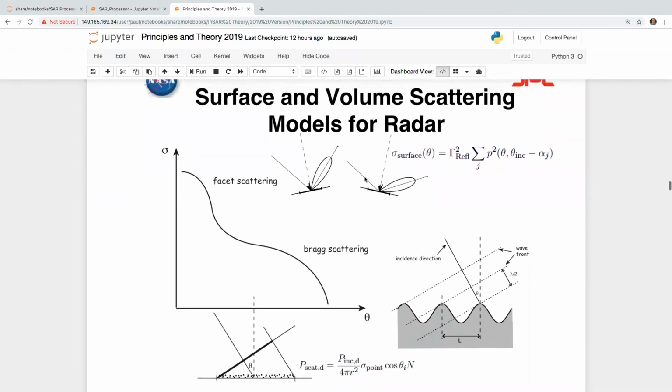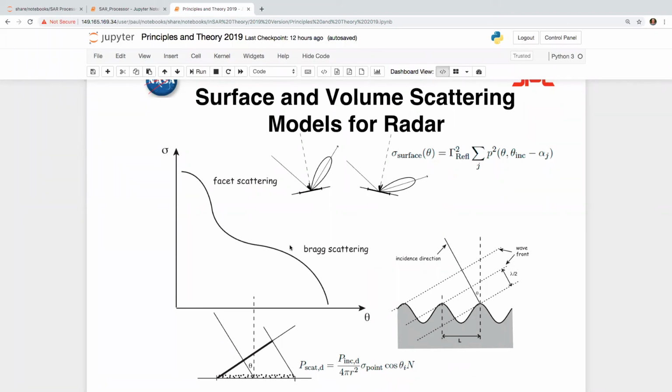So in general, for surface and volume scattering, if you're looking at an angle that's relatively pointing down, then surfaces are going to look kind of faceted. When you look down, you don't see a lot of the topo effects. You get a lot of bright facet-like scattering at incidence angles that are shallow. As you go further out in incidence angle, you start to approach a randomly rough surface characteristic, and you start to fall off like the cosine of the incidence angle.